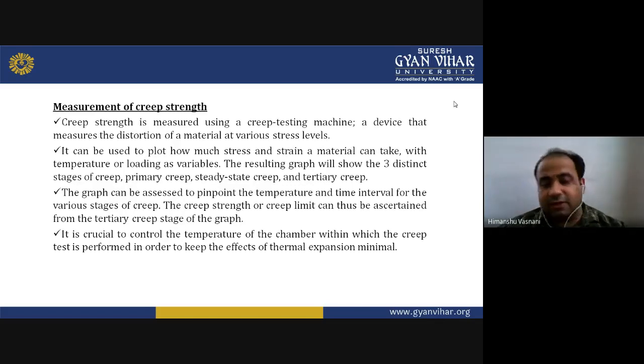It is crucial to control the temperature of the chamber within which the creep test is performed, in order to keep the effects of thermal expansion minimal.